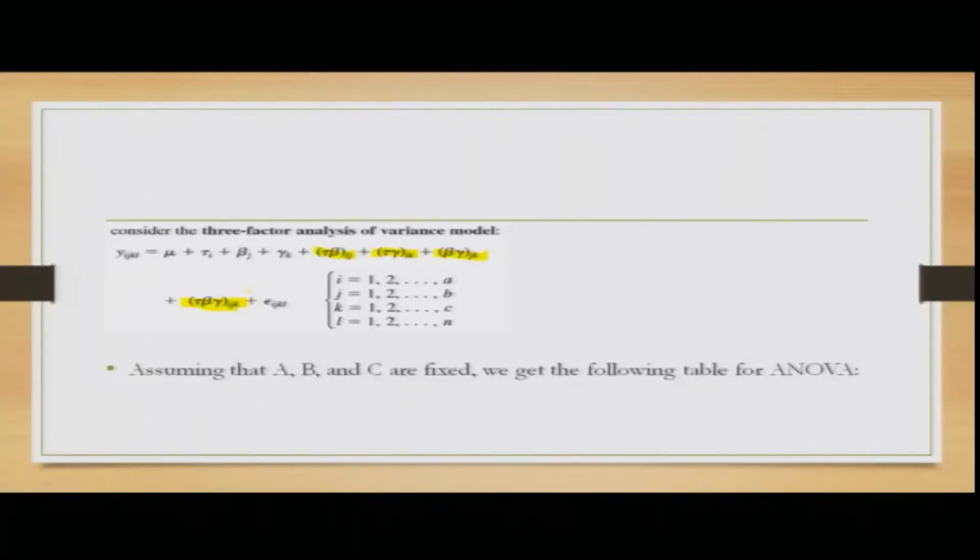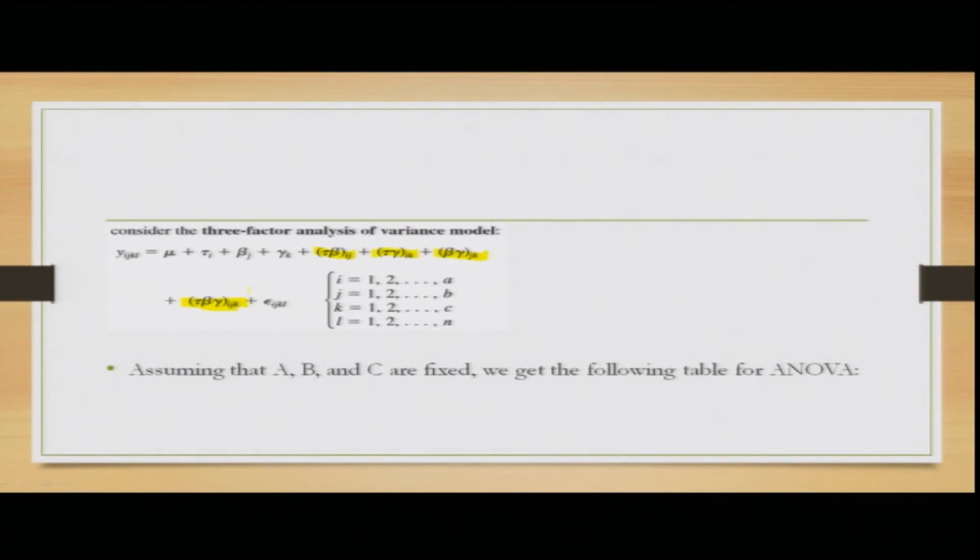And obviously there would be an error epsilon ijkl. So, i values change from 1 to a, j values from 1 to b, k values from 1 to c, and l values from 1 to n.